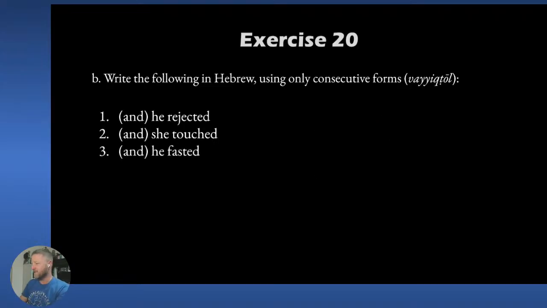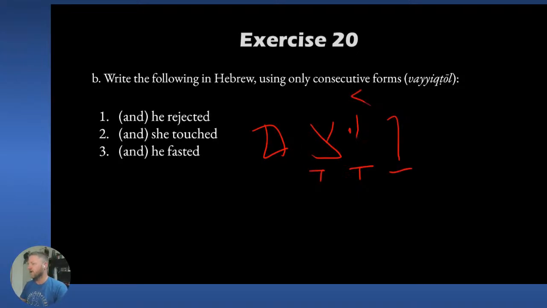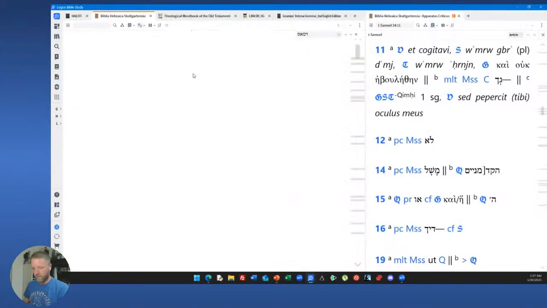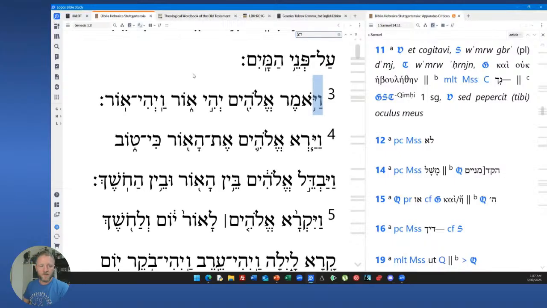He fasted. Okay, the word is tsum. Yatsum, he will fast. We're going to go vayatsum. And let's check that because I'm not familiar with it. Vayatsum.